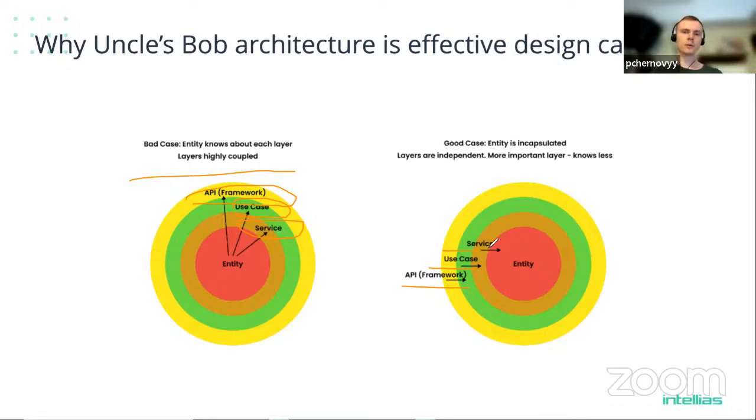The less important should know only about the stuff which it is dealing with. So for example, if we calculate something, we proceed with the calculation on an entity which has all the properties that we need for making such procedures. So we just need to import our entity, and that's it.